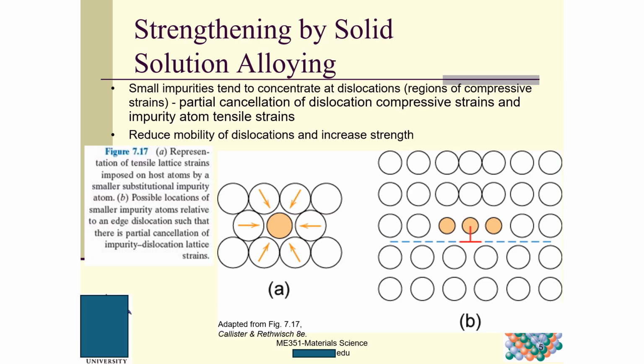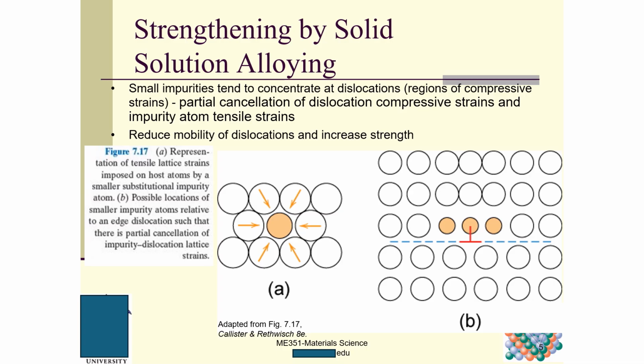Here, the first picture is a representation of tensile lattice strain imposed on host atoms, the white circles, by a smaller substitutional impurity. Suppose this is smaller, then we will have tensile lattice strain here.